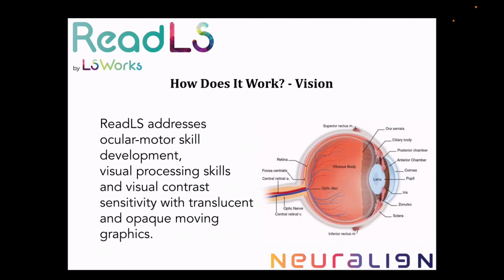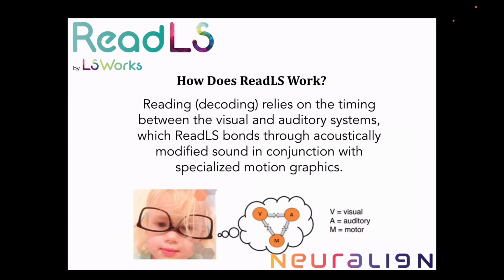ReadLS also addresses the ocular motor skills development, visual processing skills, and visual contrast sensitivity with translucent and opaque moving graphics. Reading decoding relies on the timing between the visual and auditory system, which ReadLS bonds through acoustically modified sounds in conjunction with the specialized motion graphics.